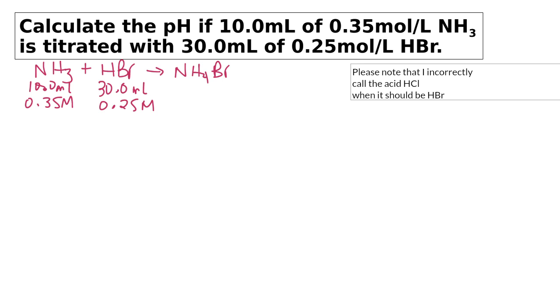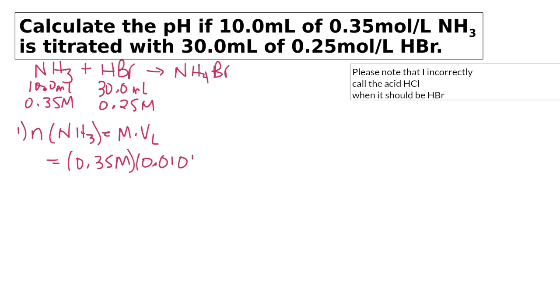So the first thing that you have to do is figure out the moles of each of your reactants. So we'll set it up for ammonia first, and we're going to take concentration times volume. And we have 0.35 molar. Again, make sure you convert your volumes into liters.